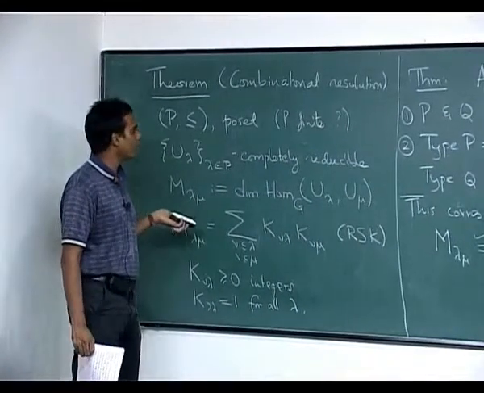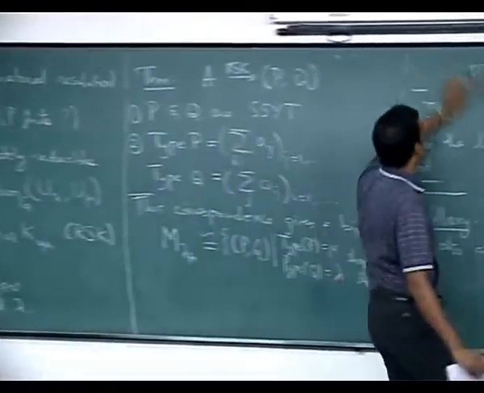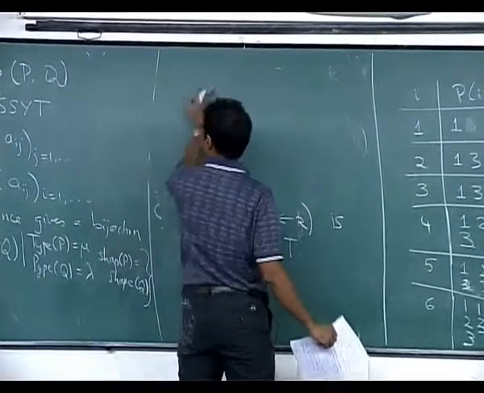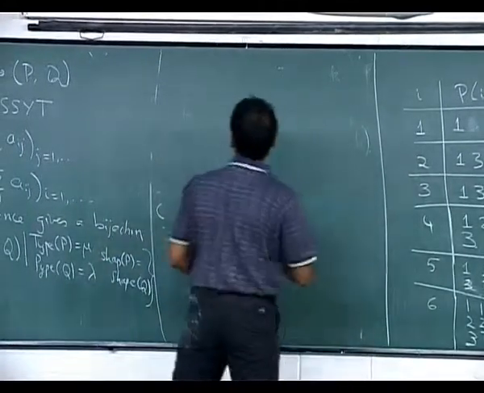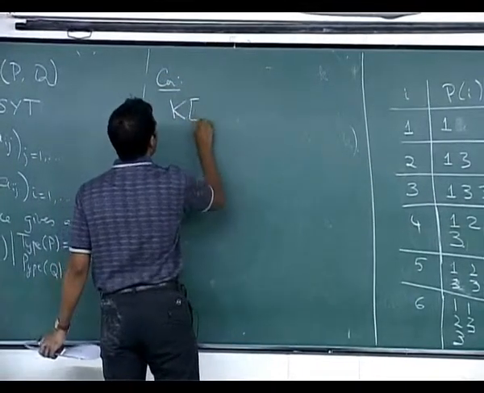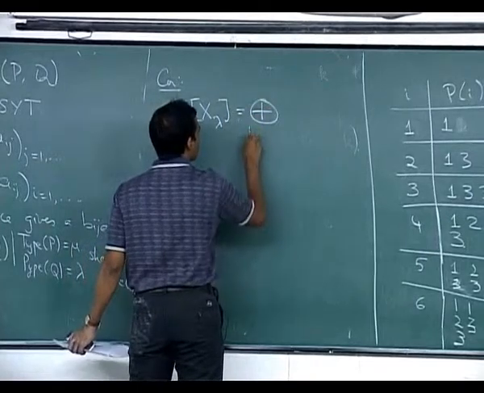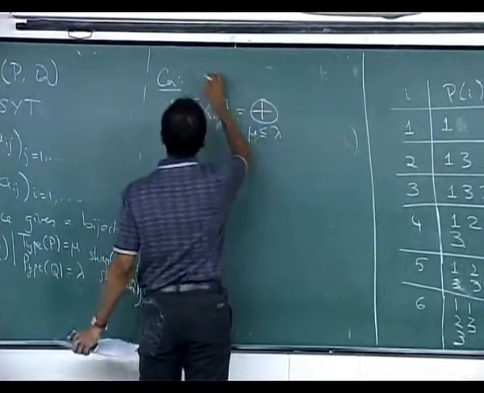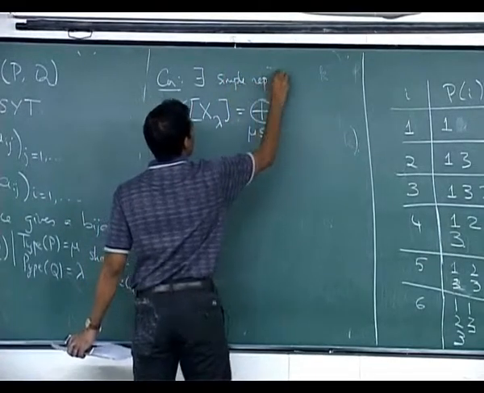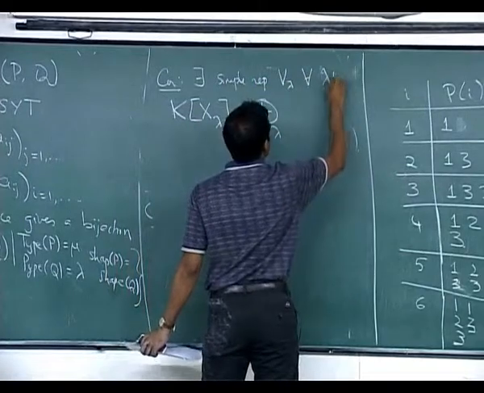The corollary of the RSK correspondence is that by the combinatorial resolution theorem, there exists a simple representation V lambda for every partition lambda of n.